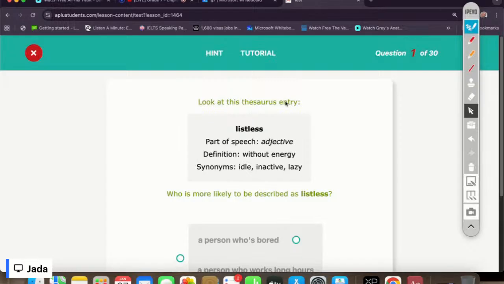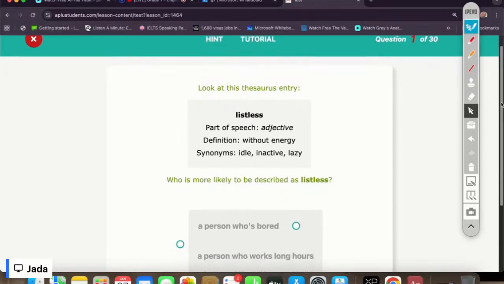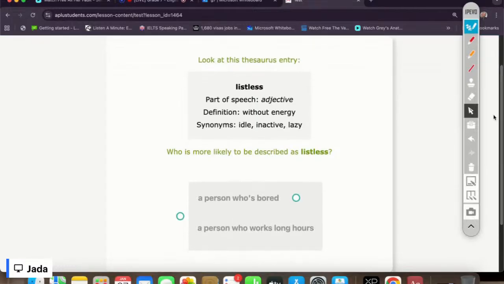All right, so look at the thesaurus entry. We have listless, adjective: without energy, idle, inactive, lazy. So, who is more likely to be described as listless?